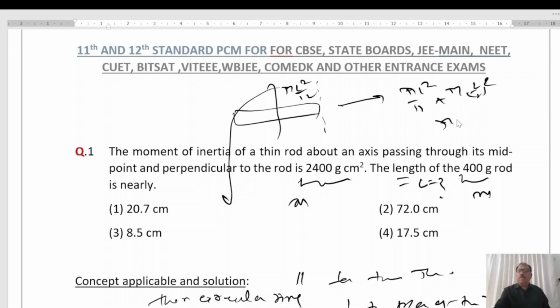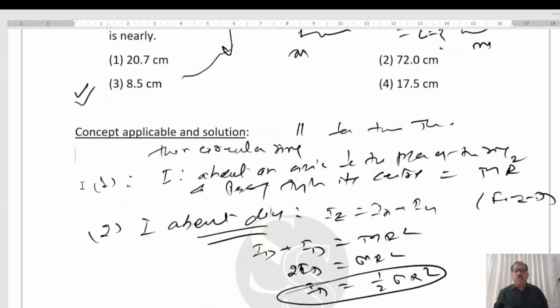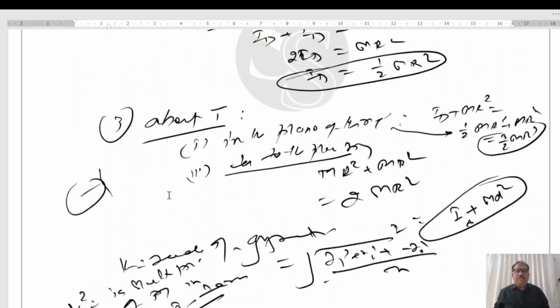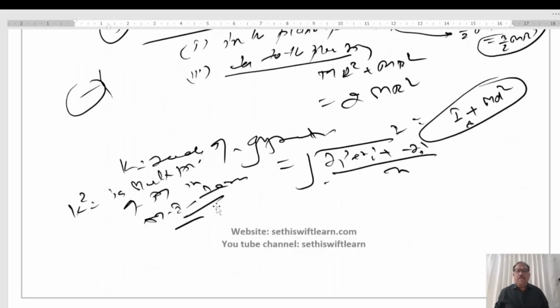This comes out to be ml square by 3. In this case, only this formula is applicable. The correct answer is 3. Put the values and find the answer. I have given additional information surrounding this question, which is very useful specifically for NEET exams, CUET and other entrance examinations.